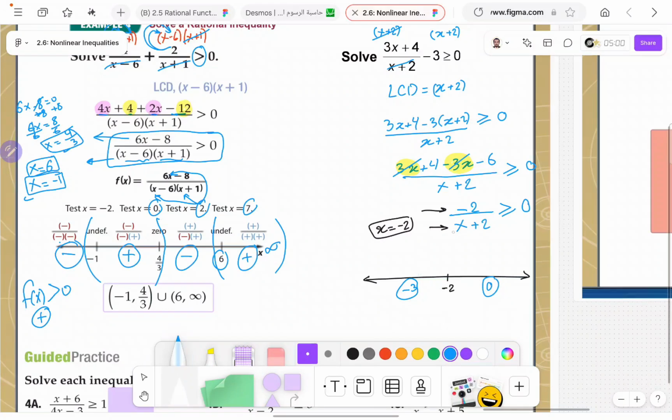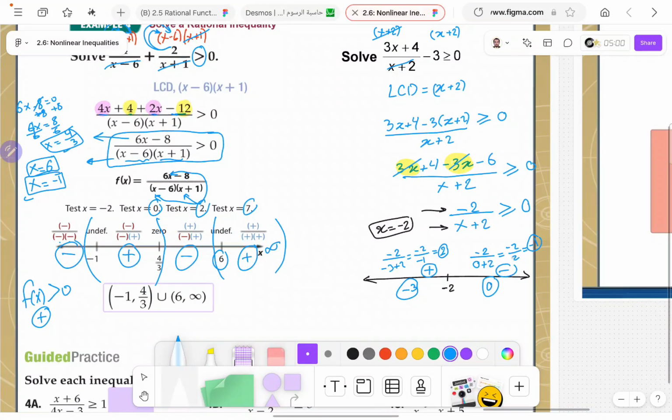Now let's replace these values. So as we can see here, negative 2 over negative 3 plus 2 is equal negative 2 over negative 1, which is equal 2. So this interval here is a positive interval. Now let's replace 0: negative 2 over 0 plus 2, which is equal negative 2 over 2 is equal negative 1.